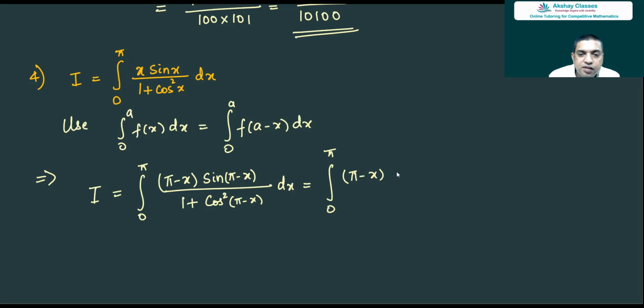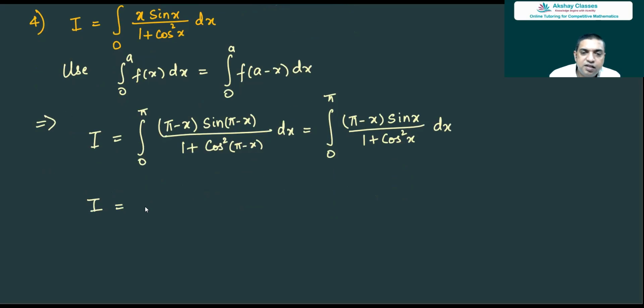Sine of pi minus x is sine x, and cos of pi minus x is minus cos x, but because of the square it becomes cos square x.